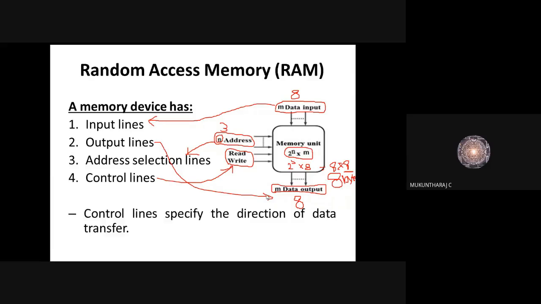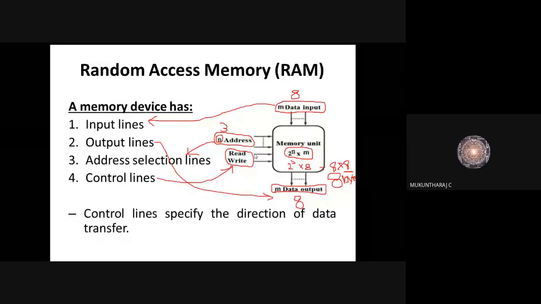So control lines specify the direction of data transfer, read and write. Read operation means we are taking the data from the memory unit. The data is transferred from the memory to the outside world. Writing means we are storing, or sending, the data to the memory unit from the outside environment.